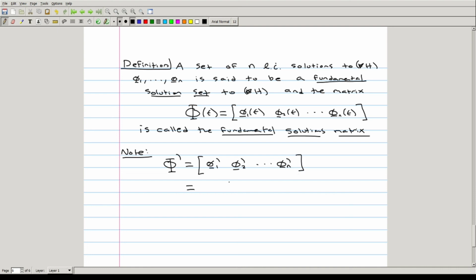And because each one of the columns is the solution vector to the homogeneous differential equation, this is the same thing as the matrix A times phi1, A times phi2, and so on and so forth, all the way to A times phi(n).